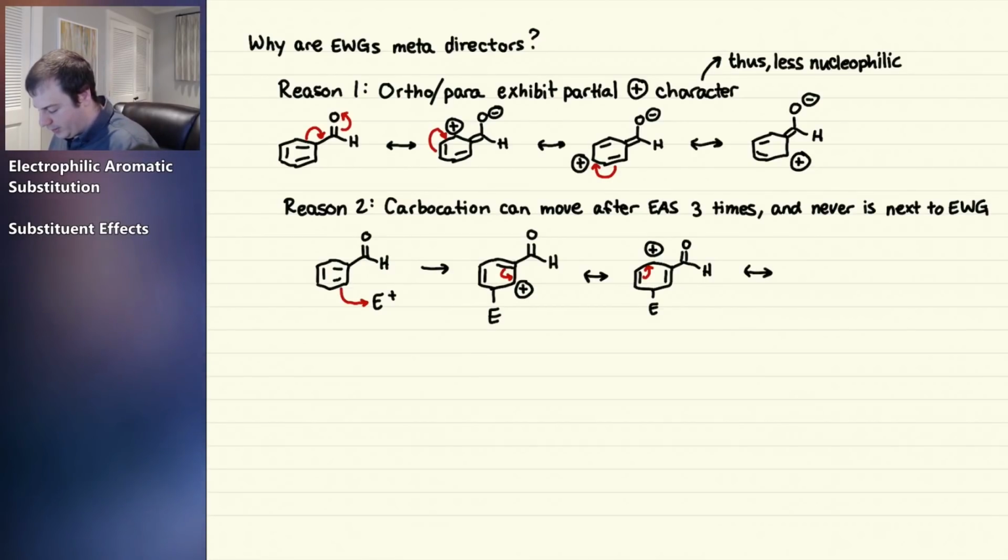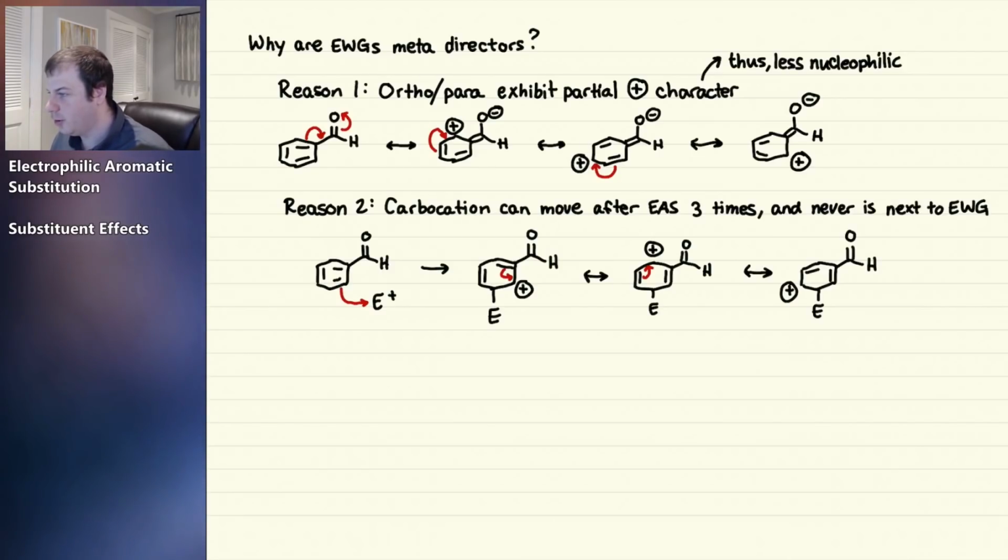So you can see we can really delocalize this positive charge pretty nicely. And we don't have an issue. We can delocalize the positive charge, which stabilizes it, and so meta addition of our electrophile is really nice because we can delocalize our positive charge in 3 possible ways.